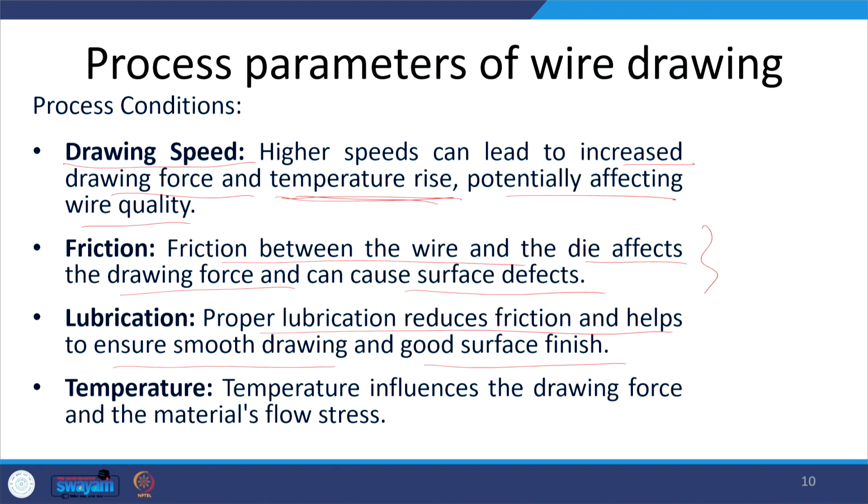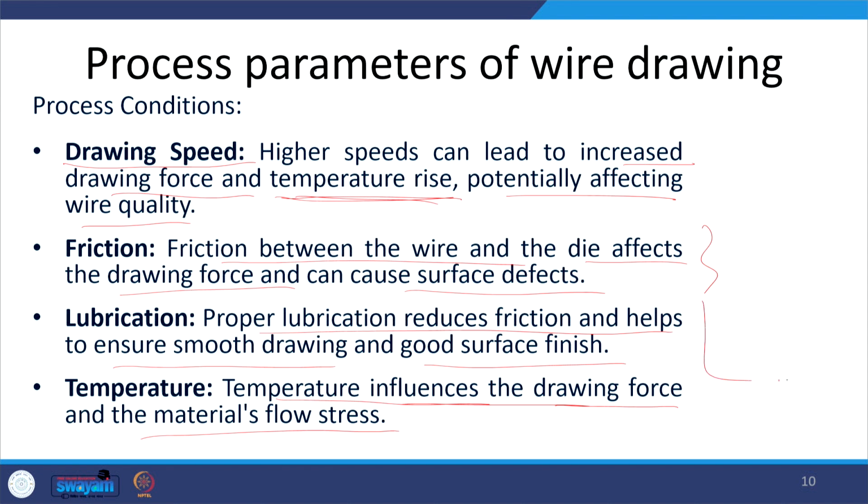Regarding the temperature at which wire drawing is done, usually it is a cold working process and no external heating is done, but due to the friction, especially under high temperature, high drawing speed conditions, the temperature will go up. So, the temperature affects the drawing force and the metal flow stress.